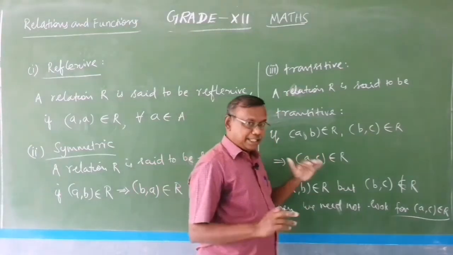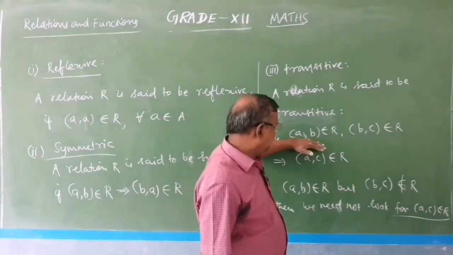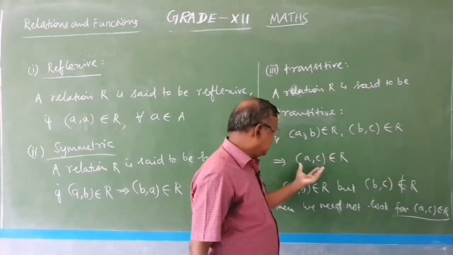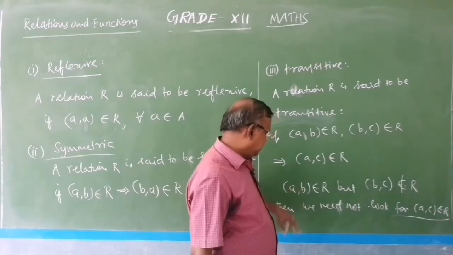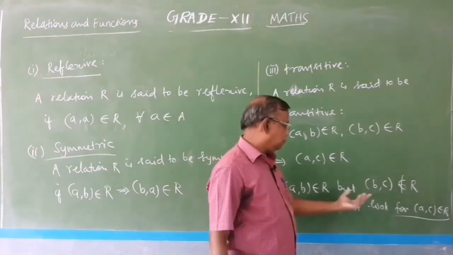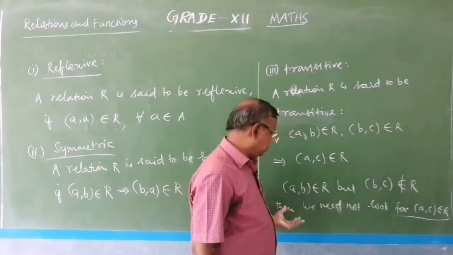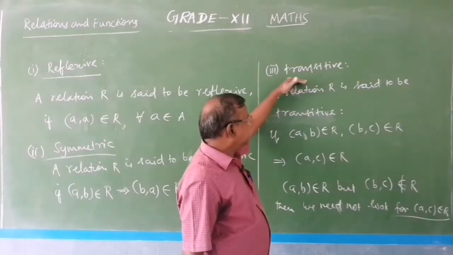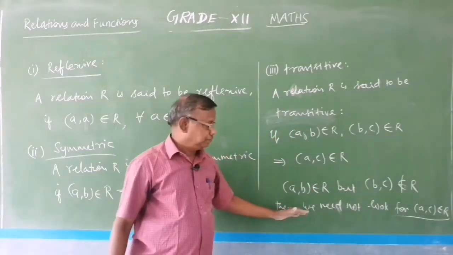The basic condition is: (a, b) and (b, c) are elements of R means (a, c) must be an element of R. But in the second case, we have (a, b) as an element of R but there is no (b, c). Then how can we look for (a, c)? So in that case also the relation is said to be transitive.